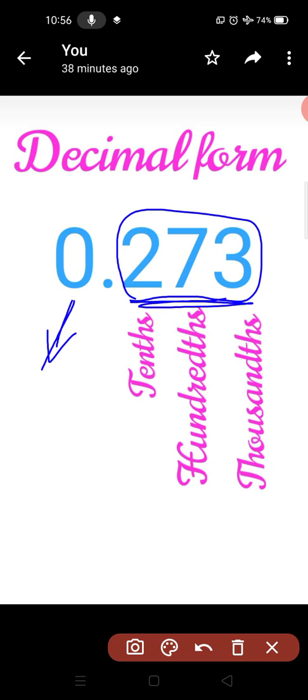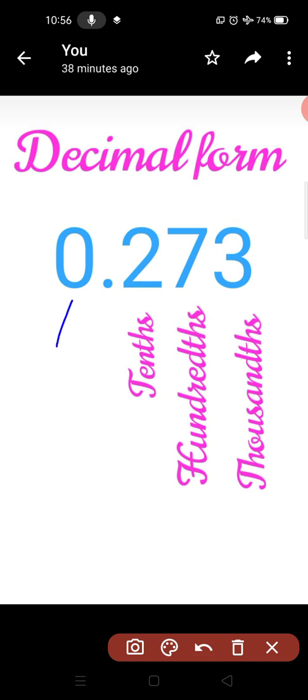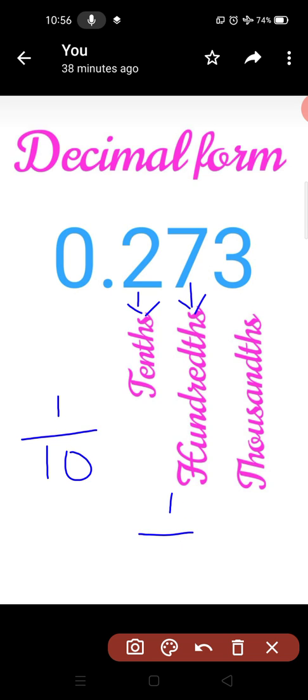These two are separated by the decimal point. Now look at the decimal part here. The 2 denotes tenths, which means 1 by 10. The next digit 7 denotes hundredths, 1 by 100. And the third one, 3, denotes thousandths, 1 by 1000.